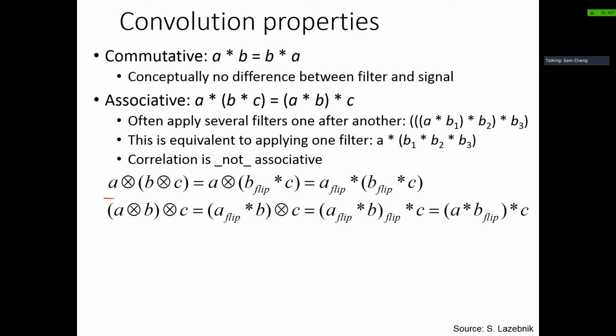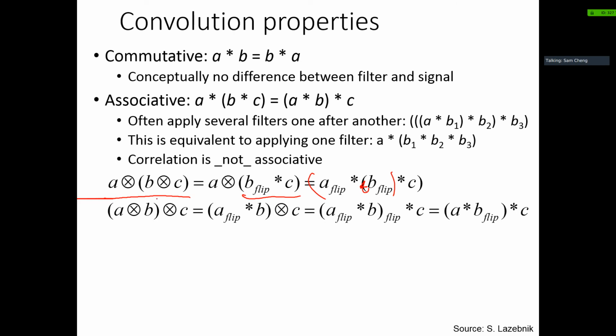For example, if I look at A correlated with B correlated with C, then this is equal to B flip convolve with C, right? And then this will be equal to A flip convolve with B flip convolve with C. All this is associative, so I can change the bracket here, or remove the bracket, because convolution is associative.